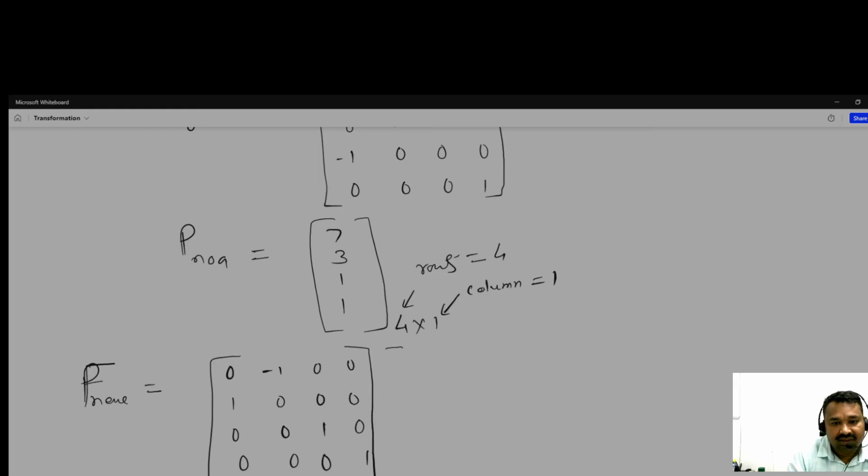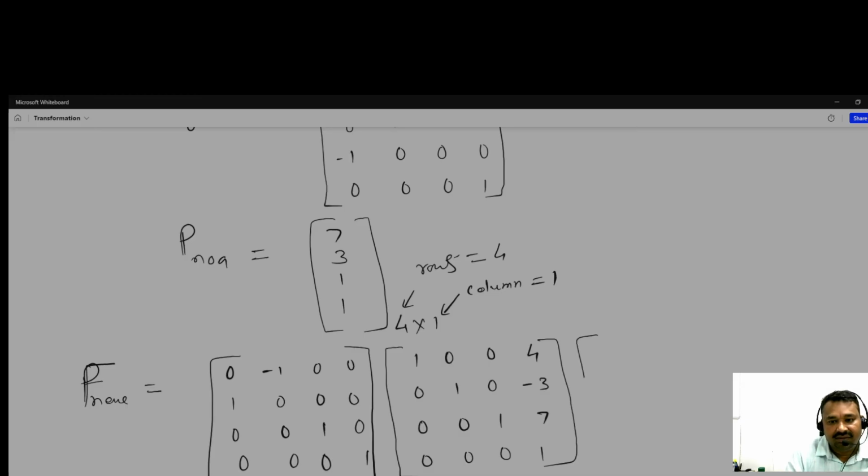Then next matrix of what? Translation matrix. So that is written here 1 0 0, and here 4, then 0 1 0 minus 3, 0 0 1 7, 0 0 0 1 here.